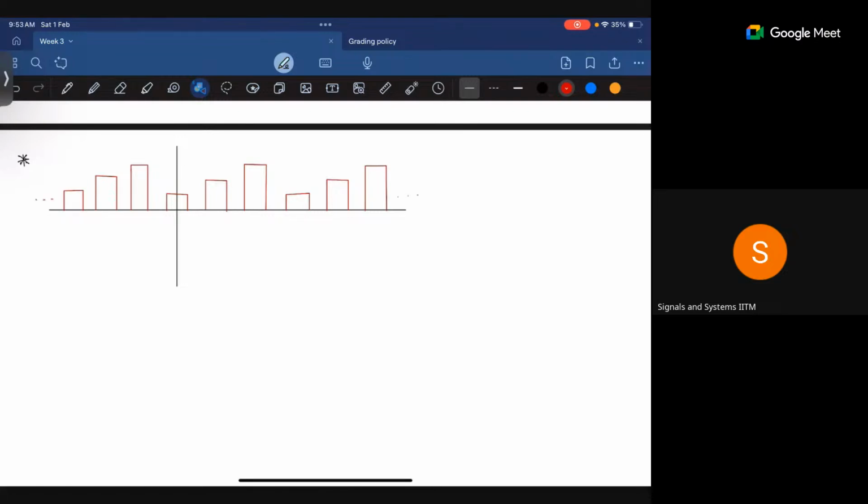This will go this way. So this is t. This is x of t.